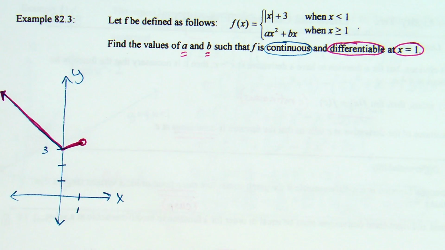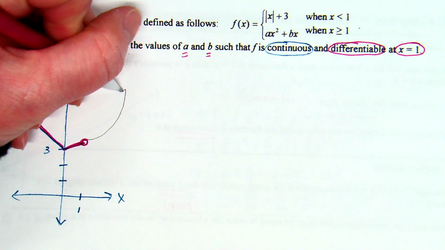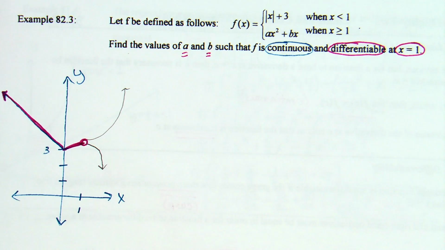Maybe it's on the left side of the parabola and still going to go down and then up. In other words, there's a variety of options. Is our parabola going to go up like that? Is it going to go down like that? We don't know until we know what a and b are, right? And that's our job, is to find values of a and b that can make this work.